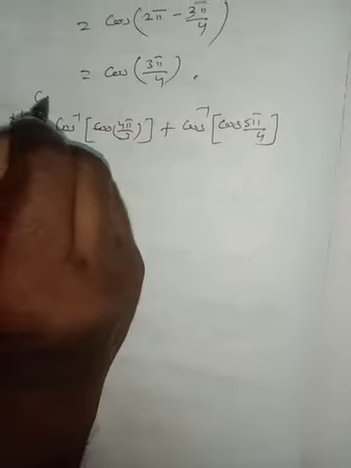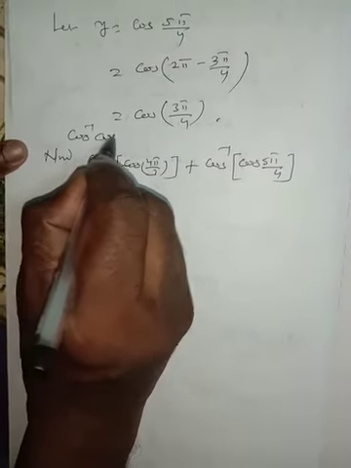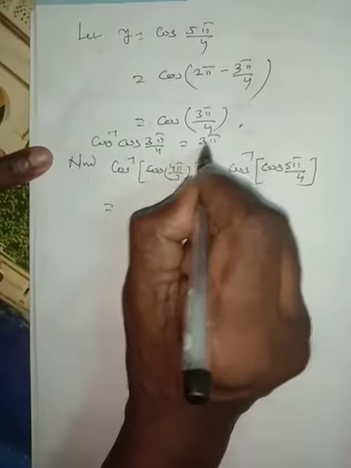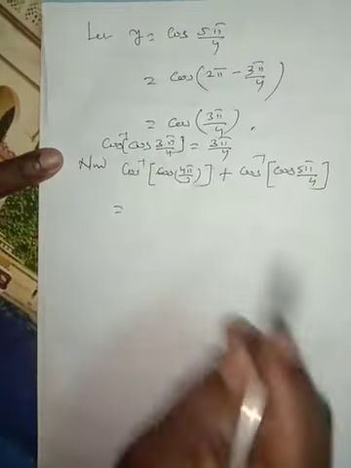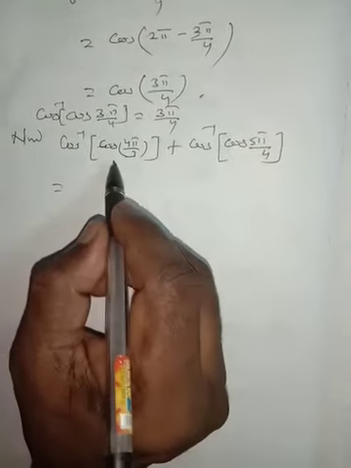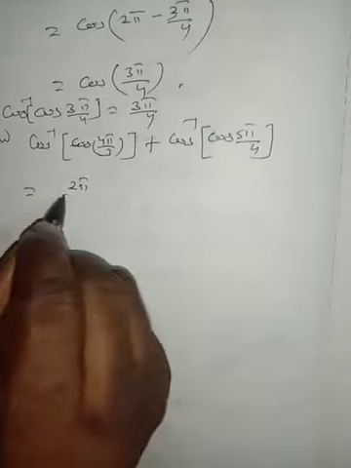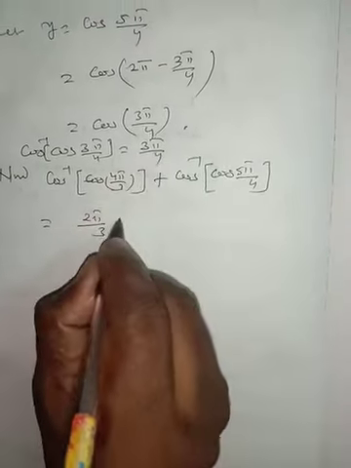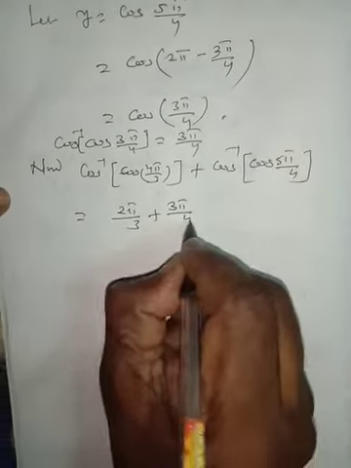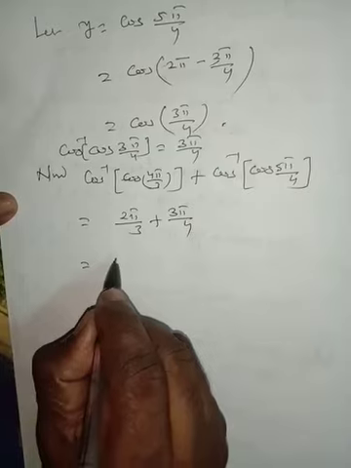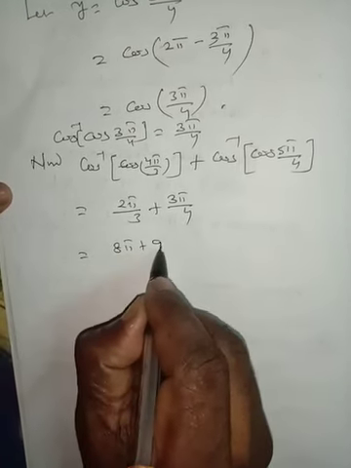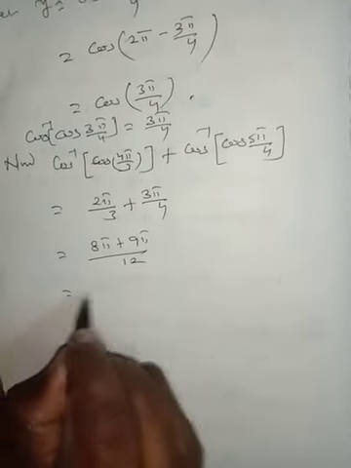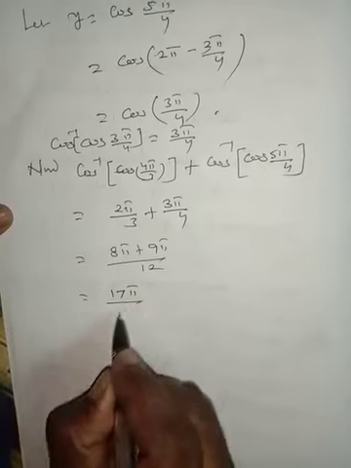Next, cos inverse of cos 3 pi by 4 is equal to 3 pi divided by 4, using the previous result. Now this means 2 pi divided by 3 plus 3 pi by 4. Taking LCM, 8 pi plus 9 pi divided by 12. 8 pi plus 9 pi is 17 pi divided by 12.